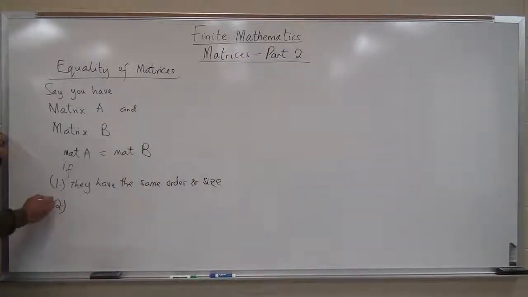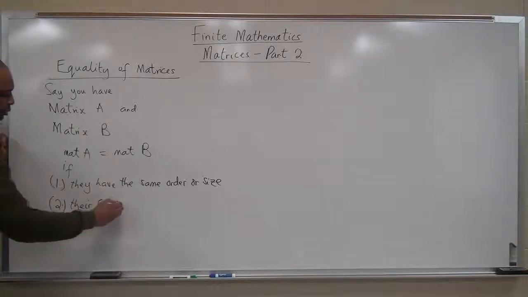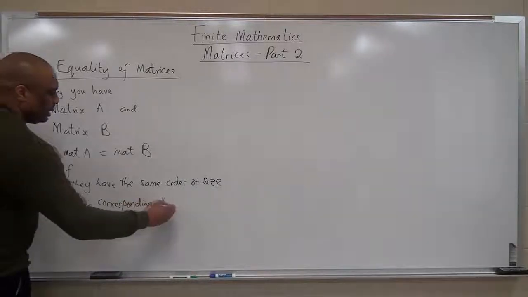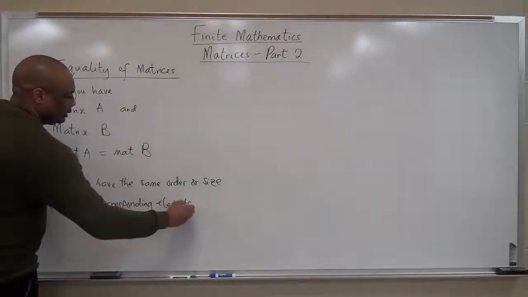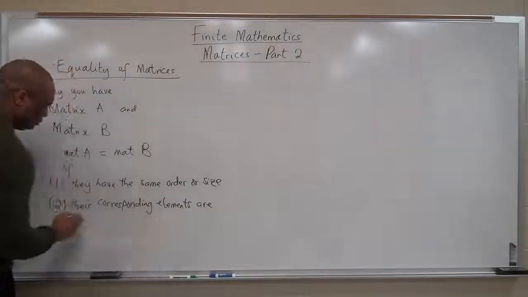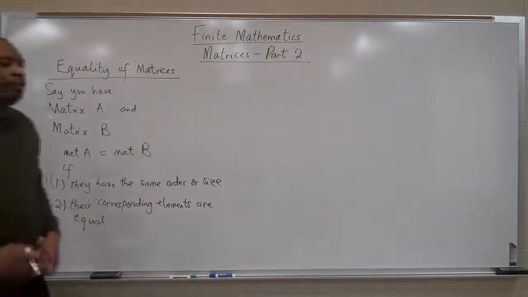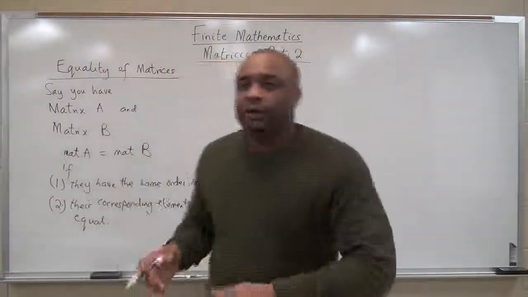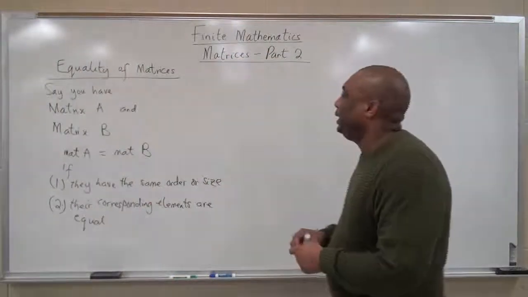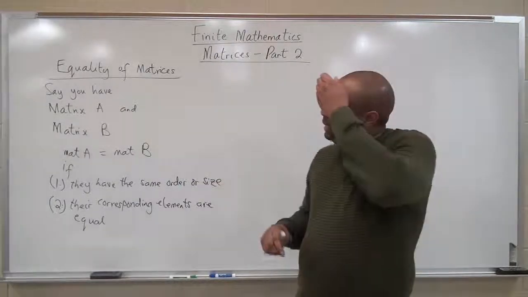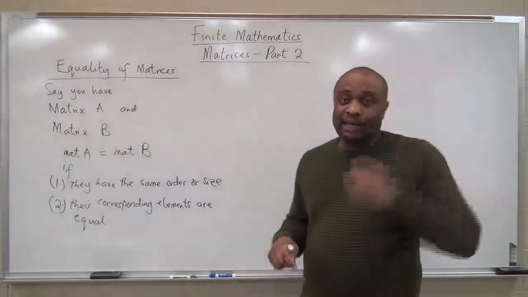And number two, if their corresponding elements are equal. Okay, so when you have two matrices, for them to be equal, they must have the same size, order, and then their corresponding elements are equal.